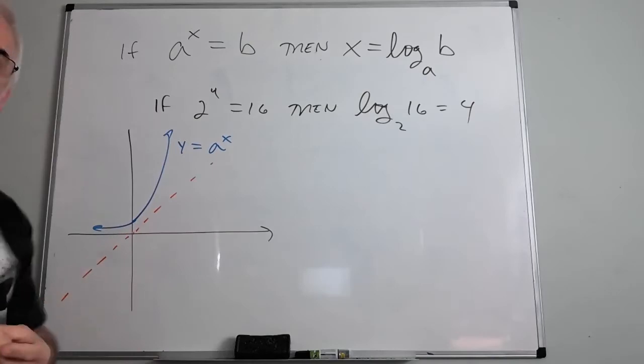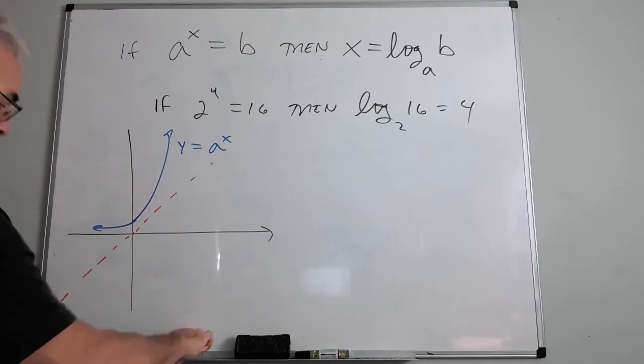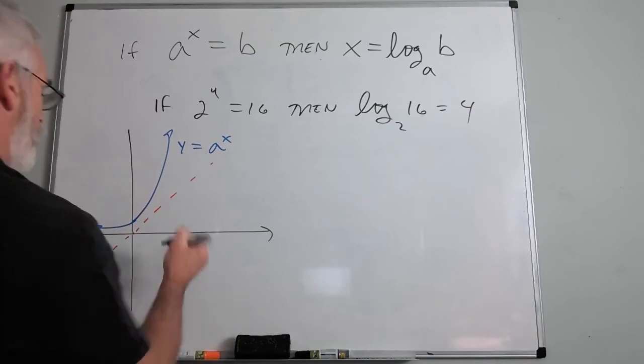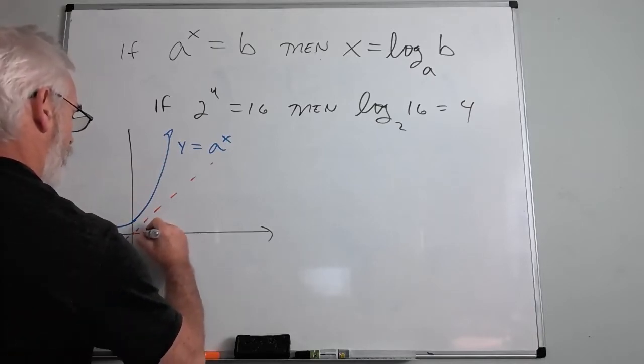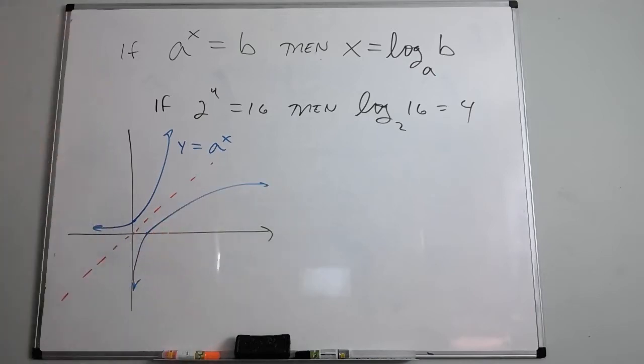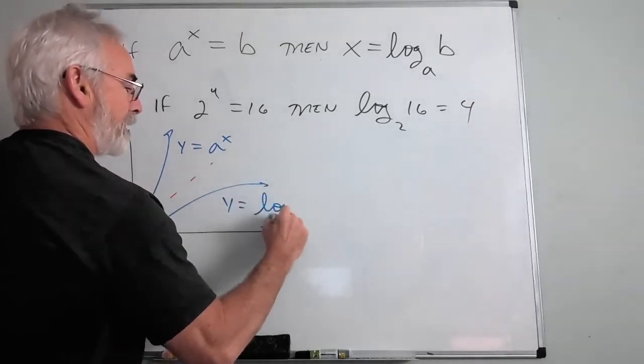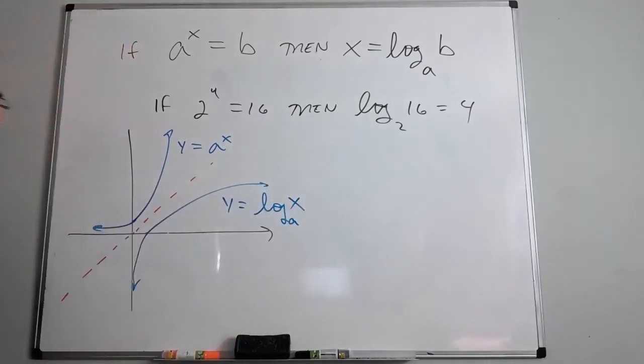If I want the inverse of a function, the graph is the mirror flipped over the line y equal x. So what does the logarithmic function look like? So this would be y equals log base a of x. Okay, that's always true. So if that's the exponential function, then that's its logarithmic function. They go hand in hand.